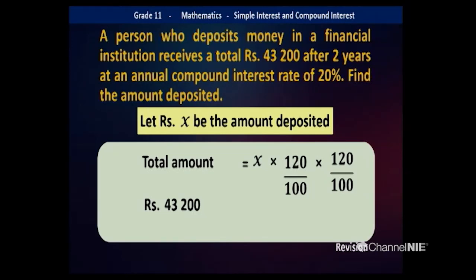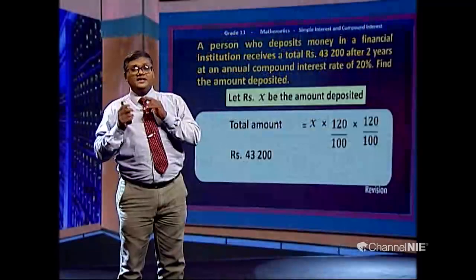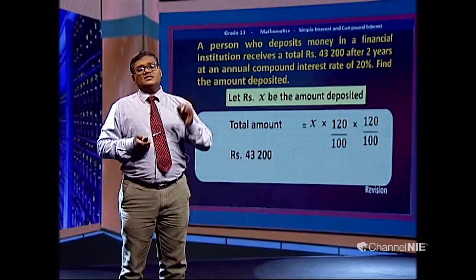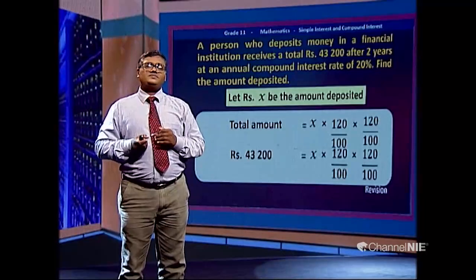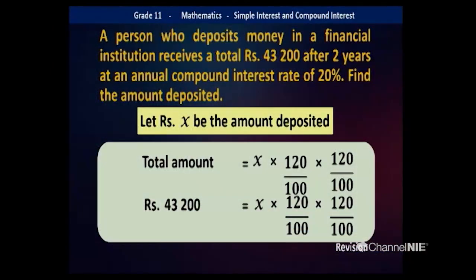Again the concept: amount means principal plus interest. Inside 43,200 you have both principal amount and interest. Then how to find x? x into 120 upon 100 into 120 upon 100 equal 43,200.